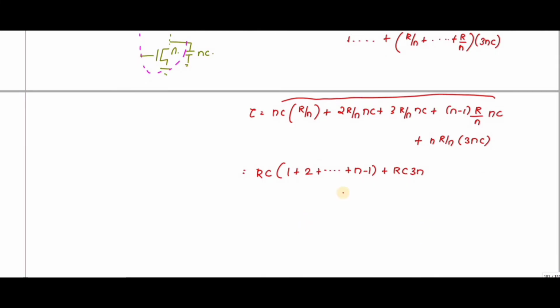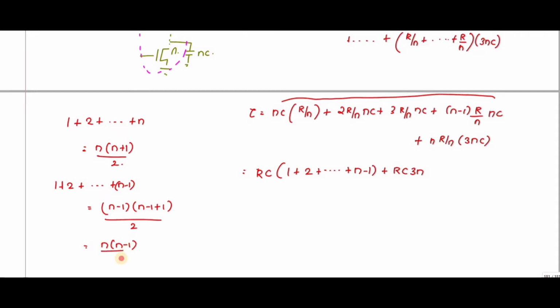We know that 1 plus 2 plus up to n is n into n plus 1 divided by 2. Here the sum goes up to n minus 1, so the formula becomes n into n minus 1 divided by 2.